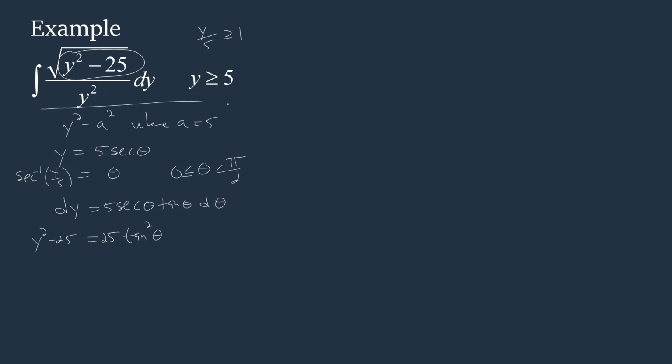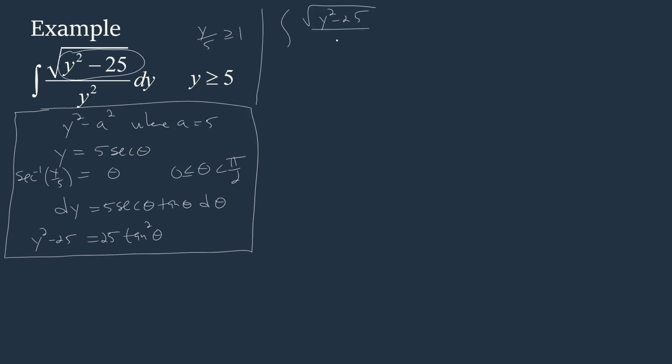Using all this as a preamble to what I'm about to do, I will rewrite the integral, as there's no way to connect the two statements now. So I'll write the integration of the square root of y squared minus 25 all over y squared dy is the same as the integration of the square root of 25 times the tangent squared of theta all over y squared.